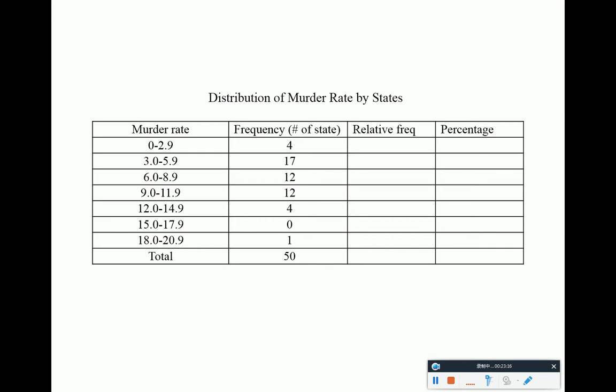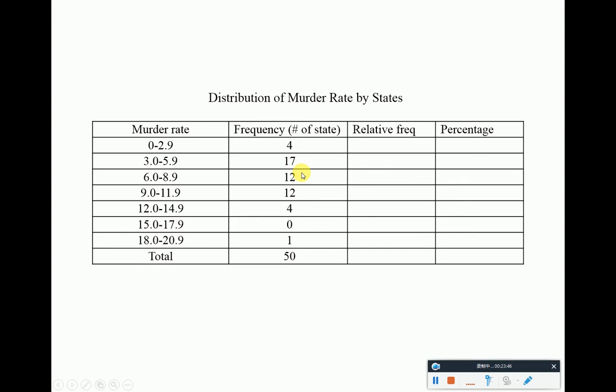So if I ask you, okay, I don't know, Crystal, what is the most common sort of murder rate in the United States among the 50 states? Then by looking at this table, everybody should have no problem in identifying the interval of murder rates that's most common in this country, and that is 3.0 to 5.9, because there are 17 states.